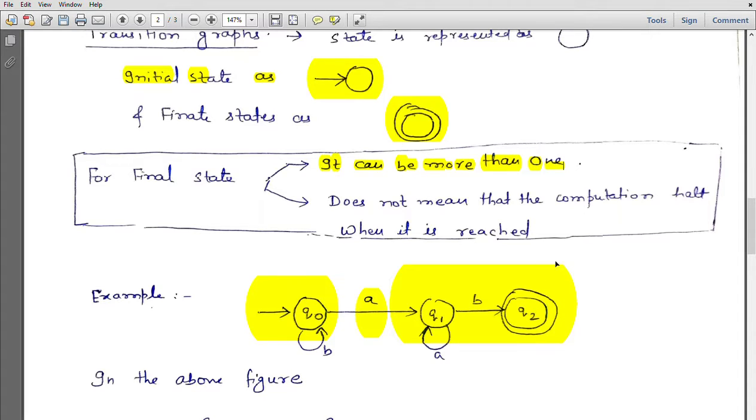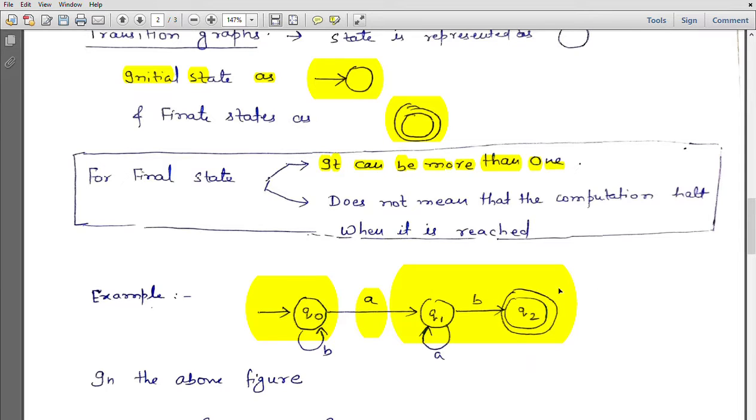Then if other alphabet are also there in the string, then the machine will go on reading those alphabet also and it will change its state. And after the completion of the string, suppose the machine, or you can say the finite automata, is at any one of the final state, then we will say that that string has been accepted by that finite automata. So here we can see the machine suppose starts from Q0.